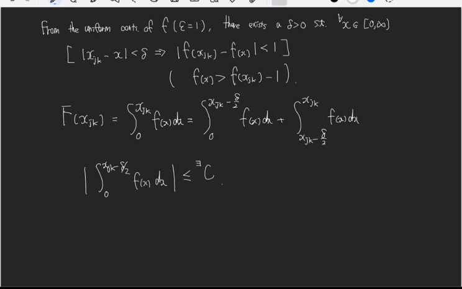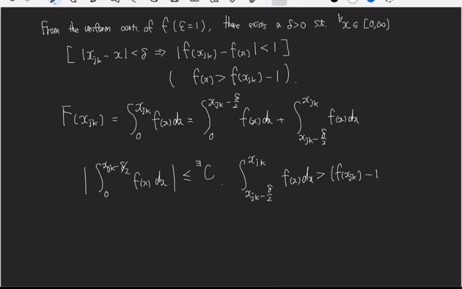In the treatment of the second integral, we use the estimate of f as above. In this integral region, the difference between x_{j_k} and x is less than delta, so the function f is bounded from below by f(x_{j_k}) minus 1.